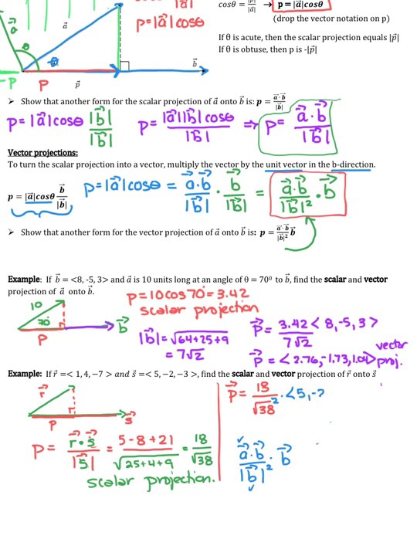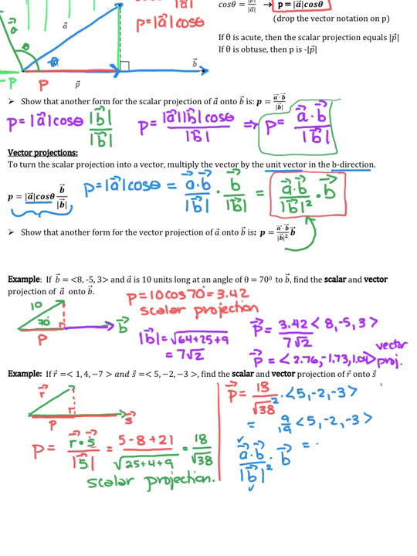So this will be 5, negative 2, negative 3. So 18 over 38, which is equivalent to 9 over 19. So 9 over 19 is getting multiplied through by 5, negative 2, negative 3.